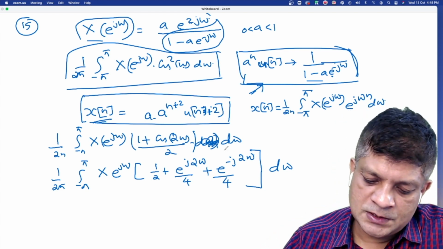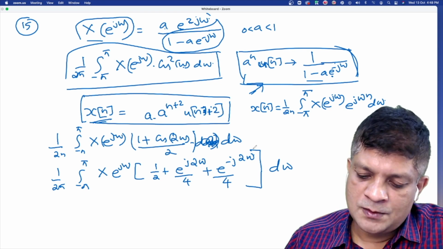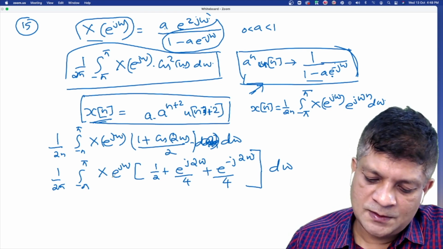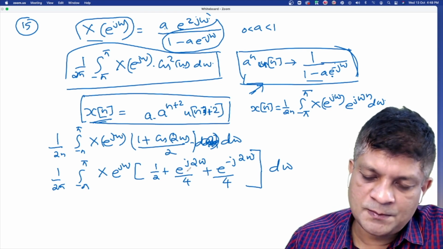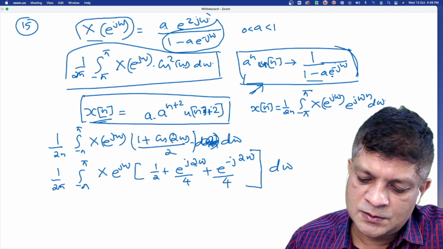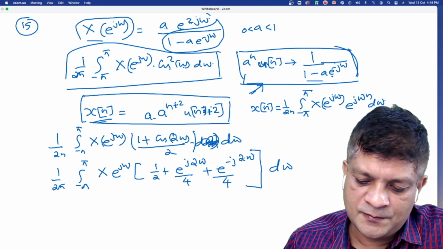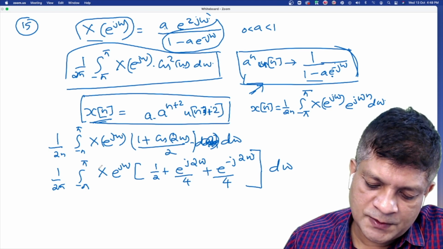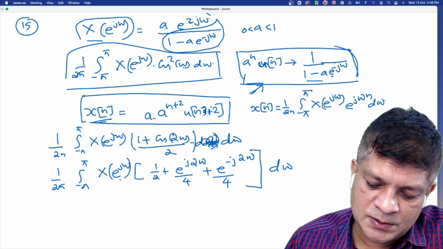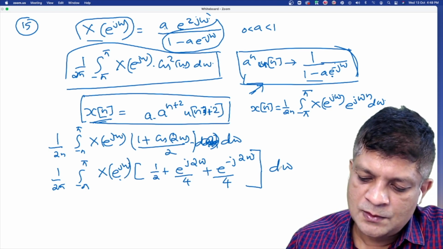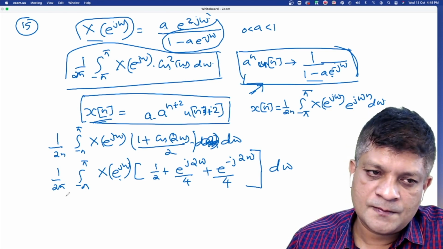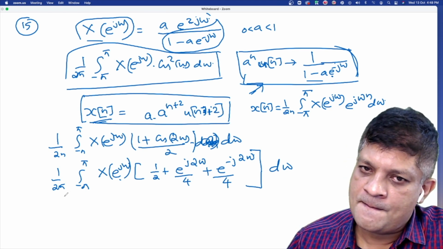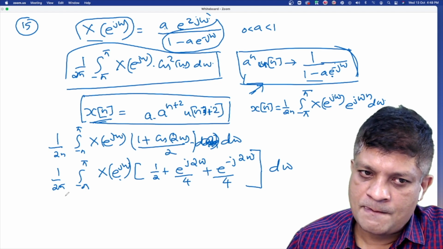Now comparing these two, can you tell me how it is related with x of n? What is the first part? There are three parts: 1 by 2 plus e to the power j 2 omega by 4 plus e to the power minus j 2 omega by 4. If you consider this first part, multiply X of e to the power j omega with 1 by 2 and integrate it. What is that? x0 by 2.